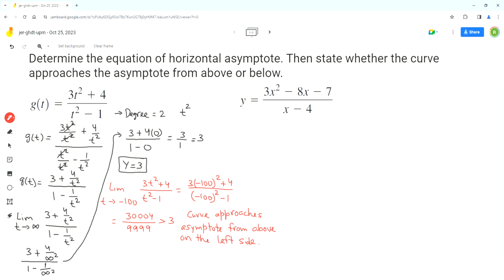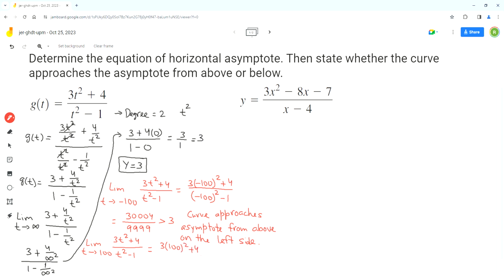Now we can do the analysis for the right side. So for that we'll apply the limit. Limit t approaches positive 100 of the rational function 3t squared plus 4 over t squared minus 1. Now we can apply the limit. So we'll sub in t as positive 100.